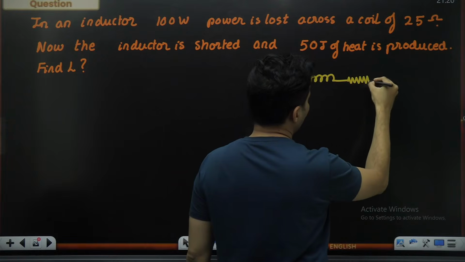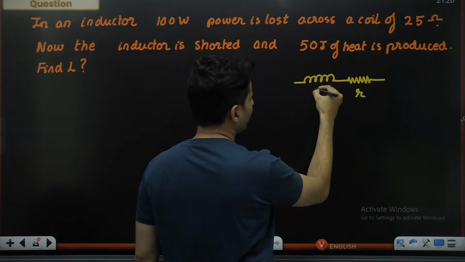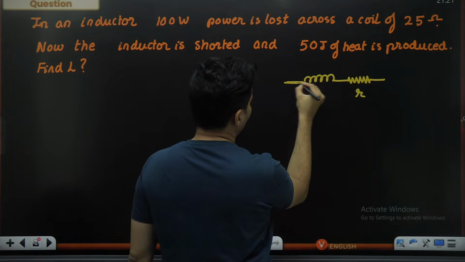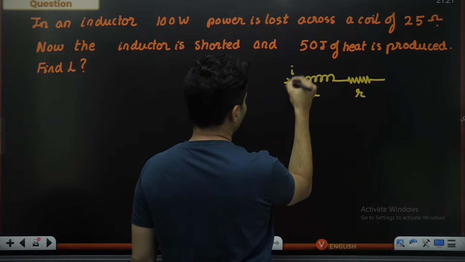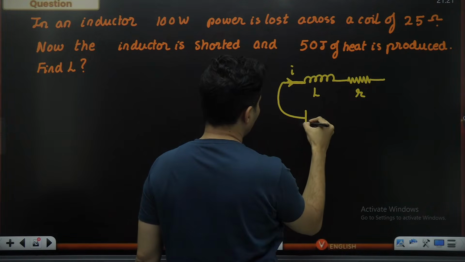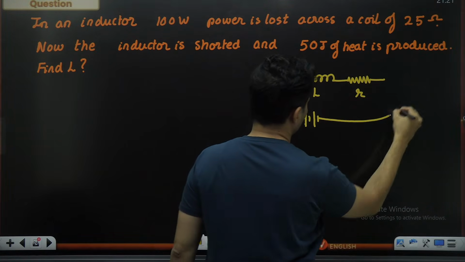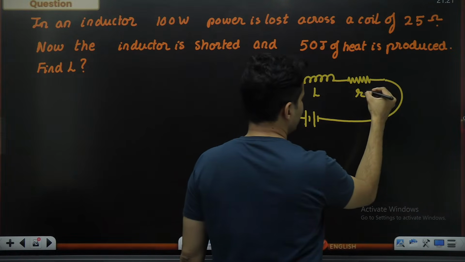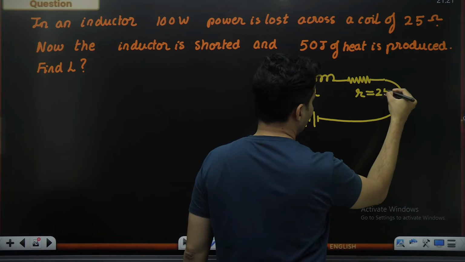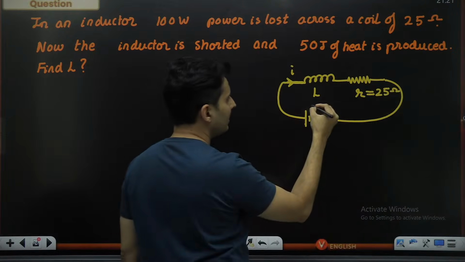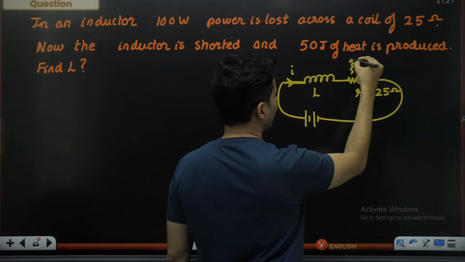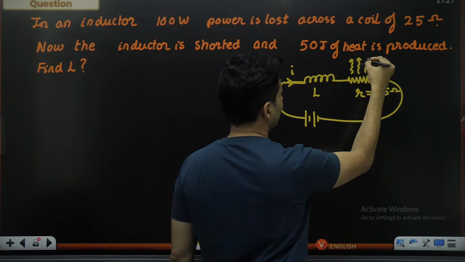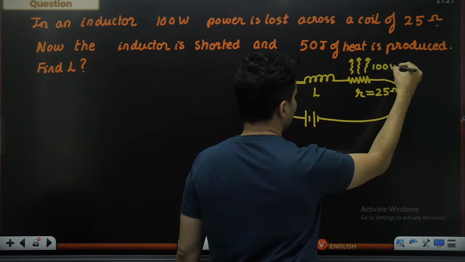So this is some internal resistance of that coil of L, and there is some current which is flowing. Why is that current flowing? Maybe because of some battery which is connected over here. Now this resistance is given to be 25 ohms. Current is not given, but how much ever is the power lost, that is given, that is 100 watts.